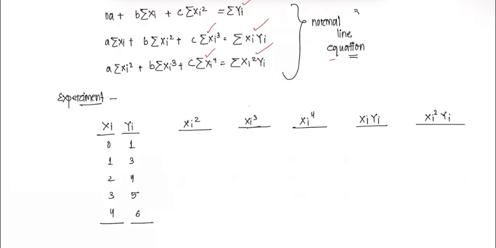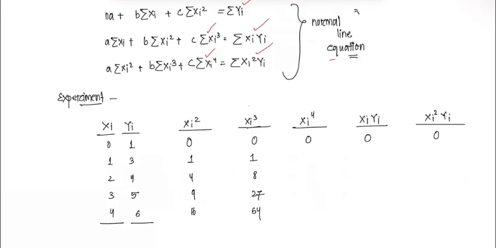Okay, so 0, 0, 0. Pause the video, try first, then check your answers. This is 1, this is 4, this is 9, this is 16. Cubes: 1, 8, 27, 64.